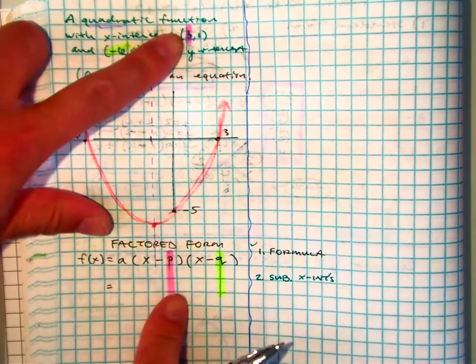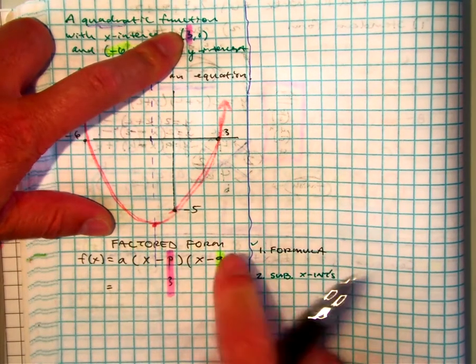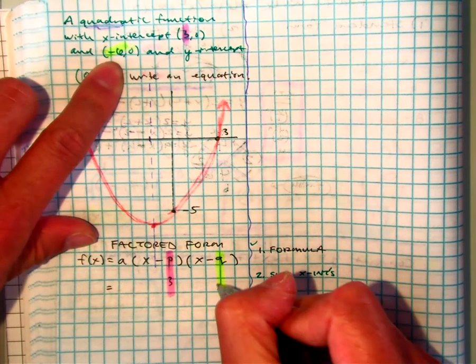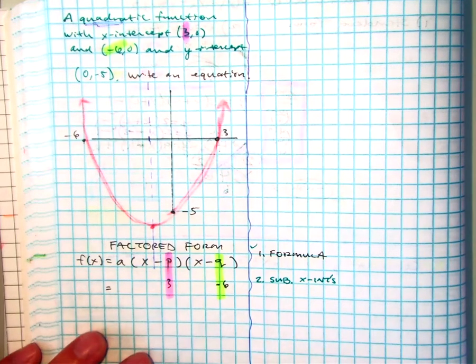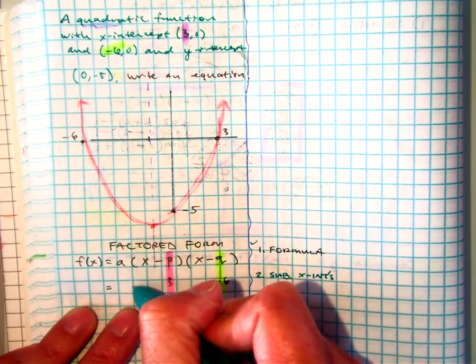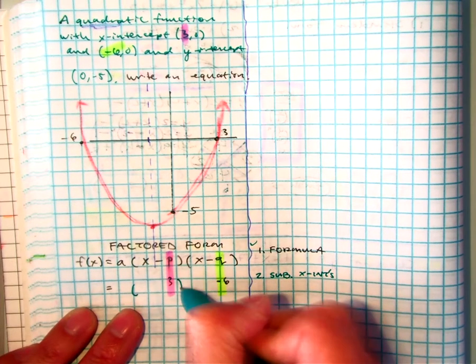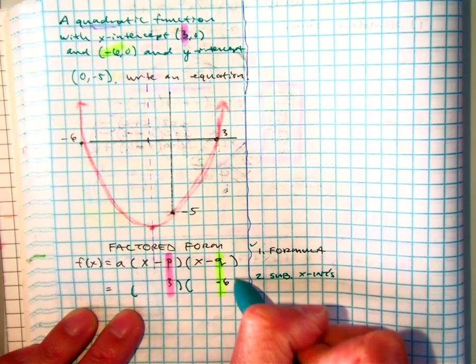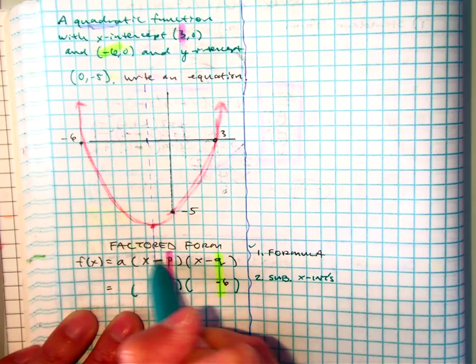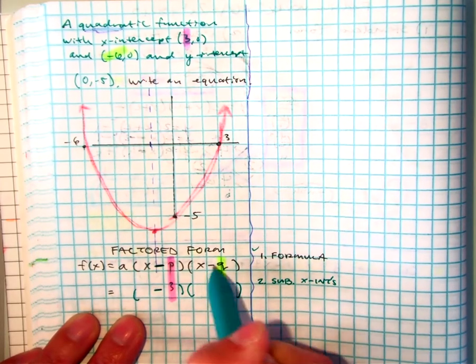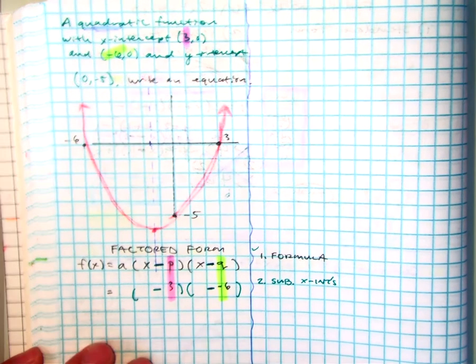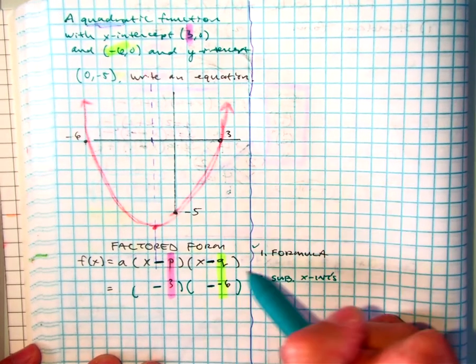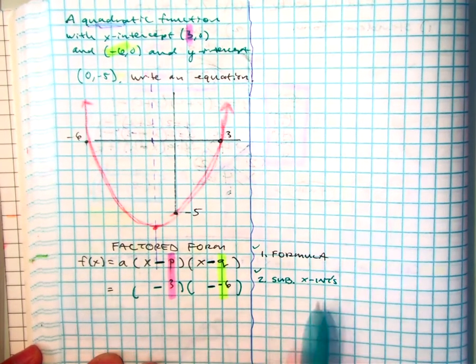So p is 3, and my other intercept is -6. Now I can bring down the parentheses, and you can also include the minus sign.